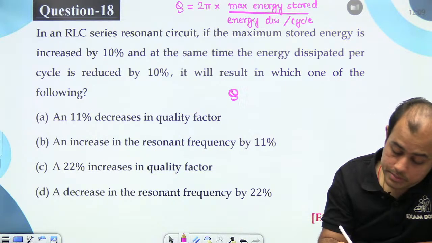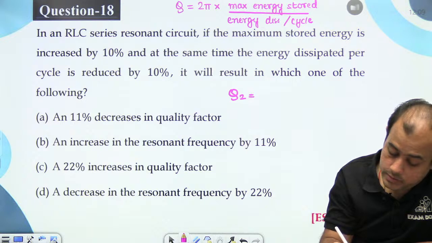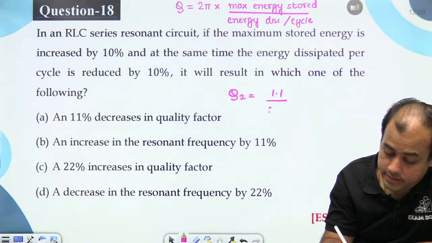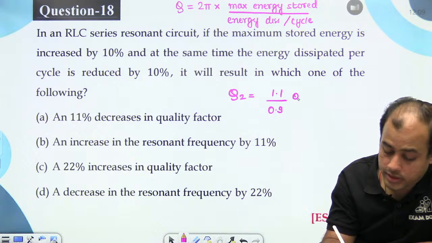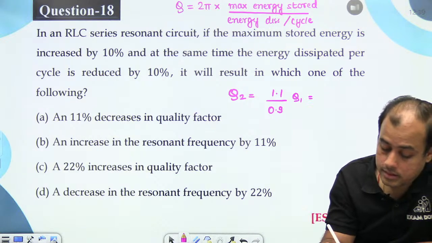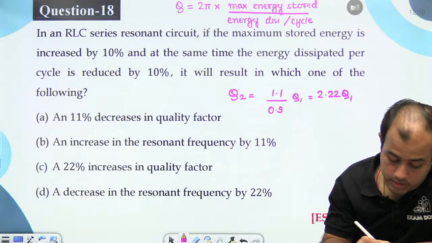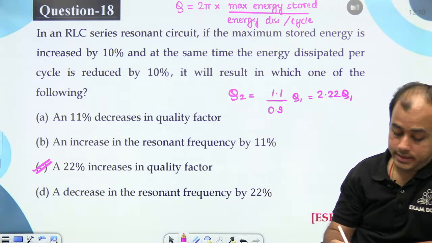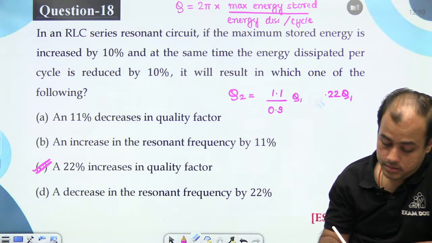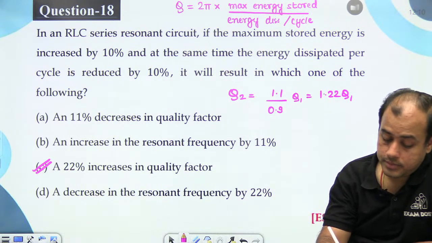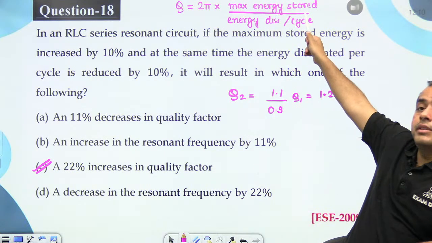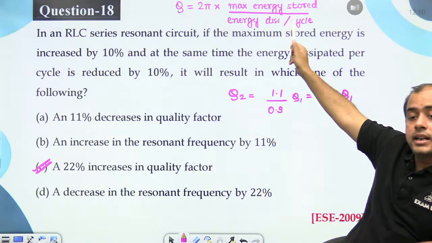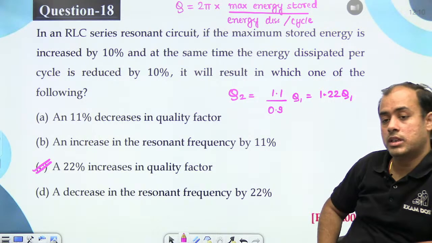Now, if the maximum stored energy is increased by 10%, so it will become 1.1, and energy dissipated is reduced by 10%, so it will become 0.9. So 1.1 by 0.9, 1.22. So quality factor will increase by 22%, sorry 1.22. समझे? 10% बढ़ना माने 1.1 टाइम्स होना, 10% घटना माने 0.9 टाइम्स होना.